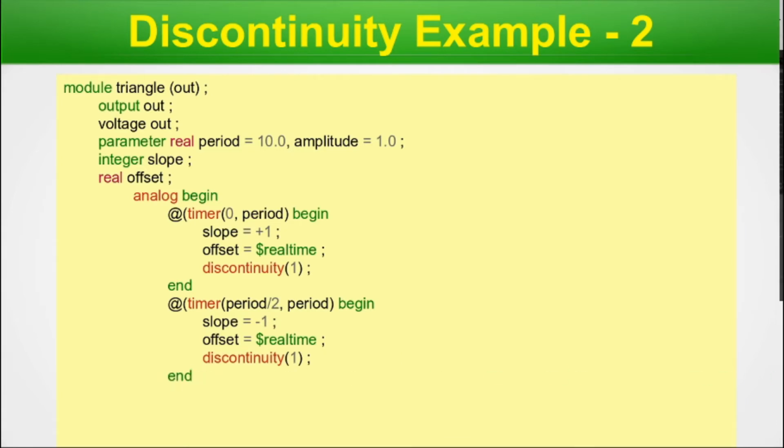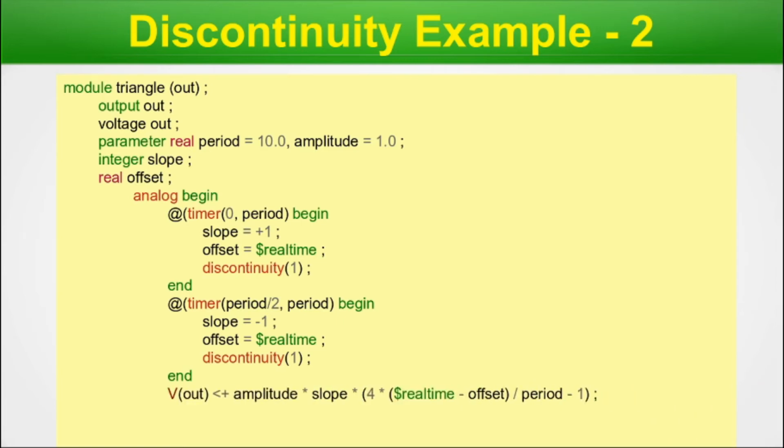So we close this timer block, and once these two timer blocks are done, outside that we write our contribution statement. We close the analog block here and close the entire module here. So these are two different ways of using a discontinuity.